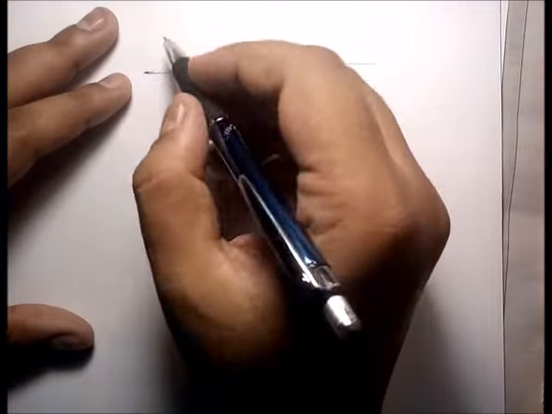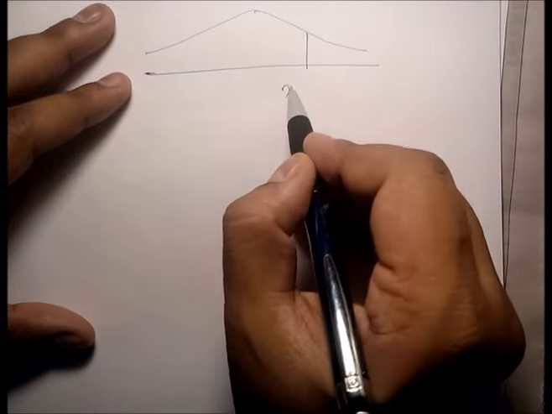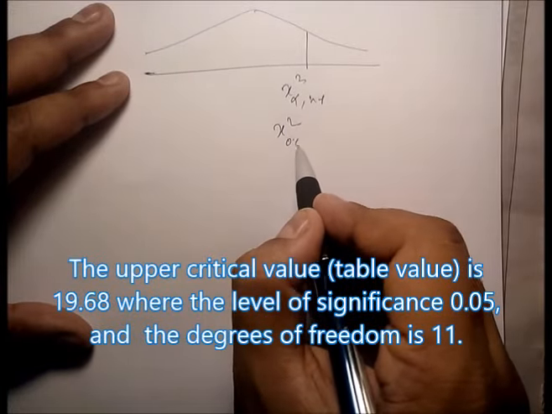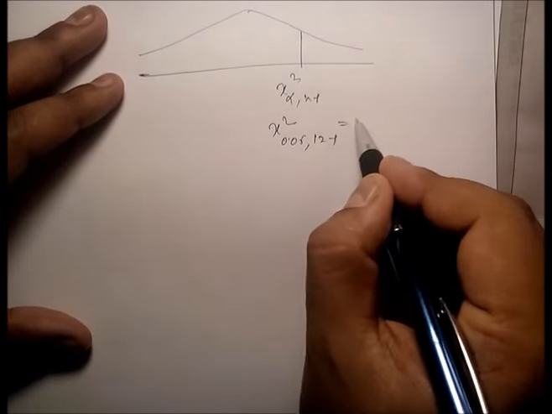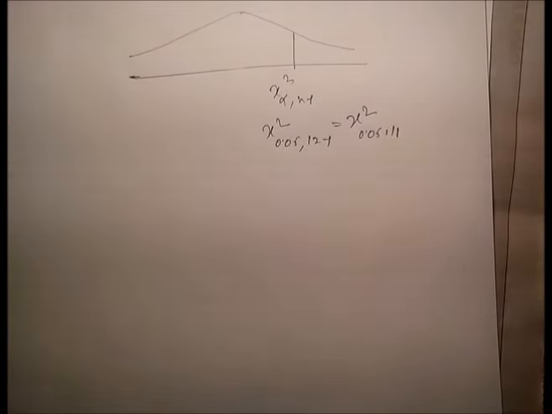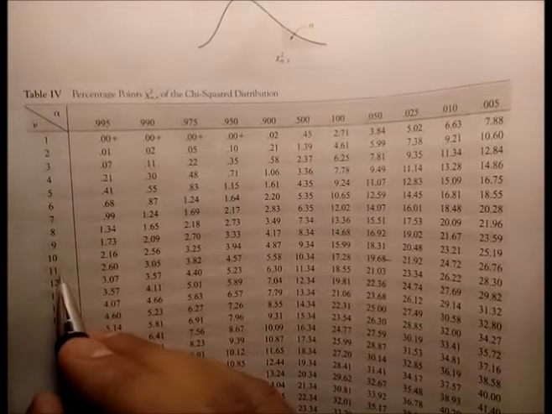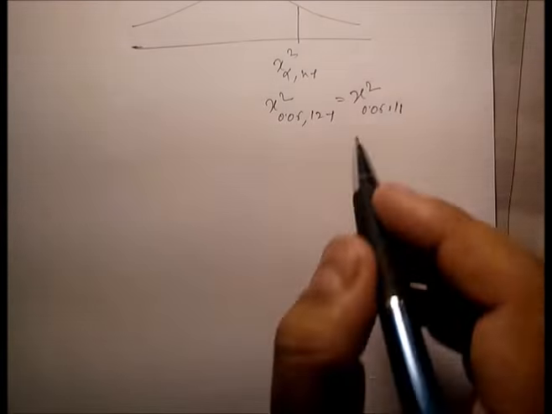Now the upper critical value. It's a right tail test, so it will be chi-square alpha with n minus 1 degrees of freedom, that is chi-square 0.05 with 12 minus 1, so 11. You can see this in the chi-square table. The degree of freedom is 11, and its value is 19.68.